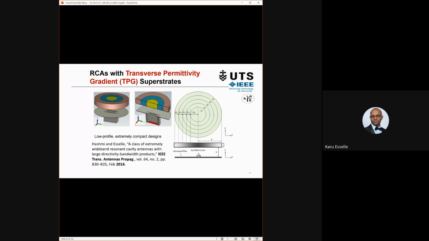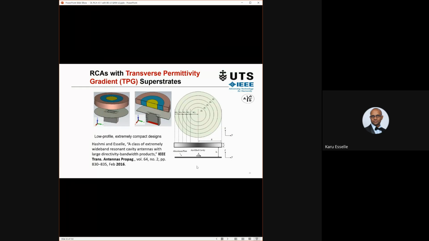Then we designed this totally different class of resonant cavity antennas that has a significantly different dielectric profile. Now we change the dielectric constant in the transverse direction.